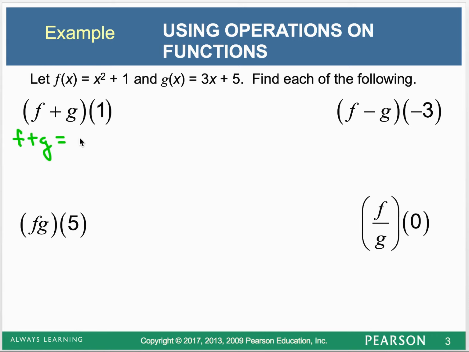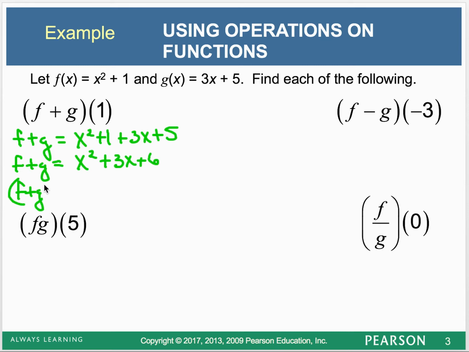So f plus g would be x squared plus 1 plus 3x plus 5, which, combining like terms, is x squared plus 3x plus 6. And then I could find f plus g of 1 by plugging a 1 in everywhere. So 1 plus 3 plus 6 equals, voila, 10, which we already knew.